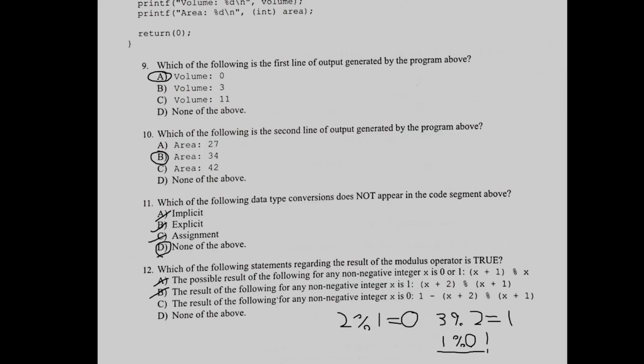And then C asks if 1 minus the previous expression could ever be 0, or is the answer to the previous expression always 0? In this case, we just saw that the previous expression can sometimes be 0, which would leave this as 1. So this is also false. And the answer is D, none of the above.